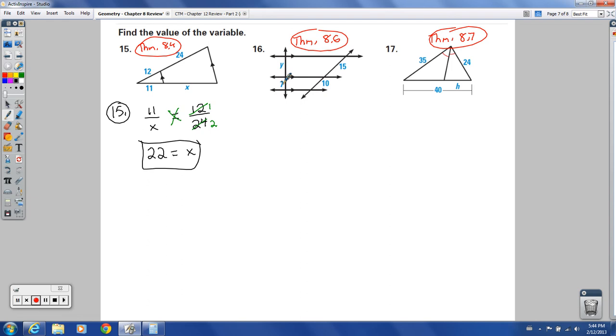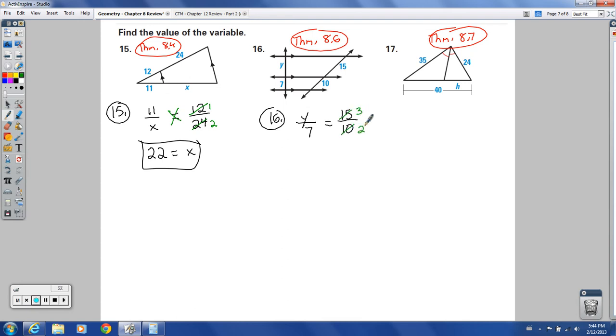Theorem 8.6, I can say that this over this, that y, or 7 over y, it doesn't really matter if I do y over 7 instead of 7 over y, as long as I compare this one in the same manner. So y compared to 7 is the same thing as 15 compared to 10, based on theorem 8.6. So 15 over 10. Let's reduce first, might as well.